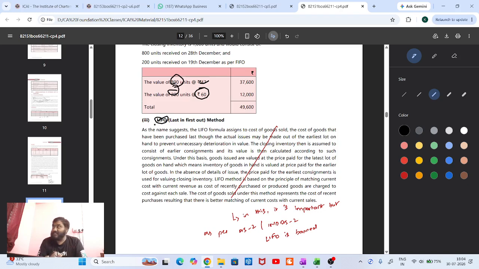FIFO method means first in, first out. People argue that, for example, you have a rice mill and you are a wholesaler. You sell to a retailer. There are 100 bags of rice. This is the entrance of the shop, and I come to you: uncle, or auntie, please sell me one rice pack.